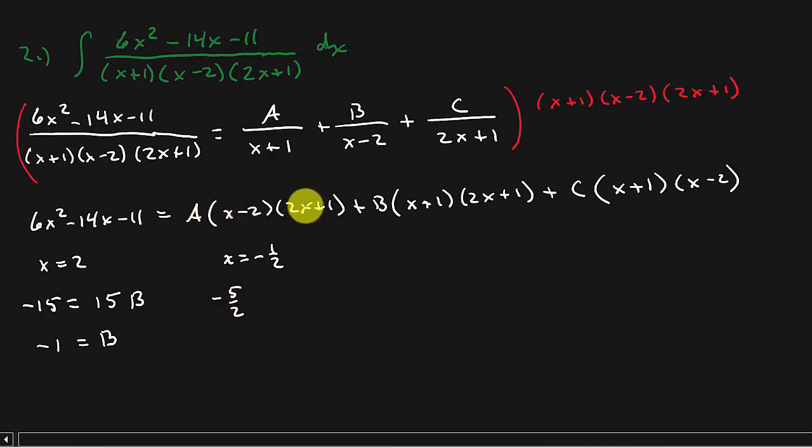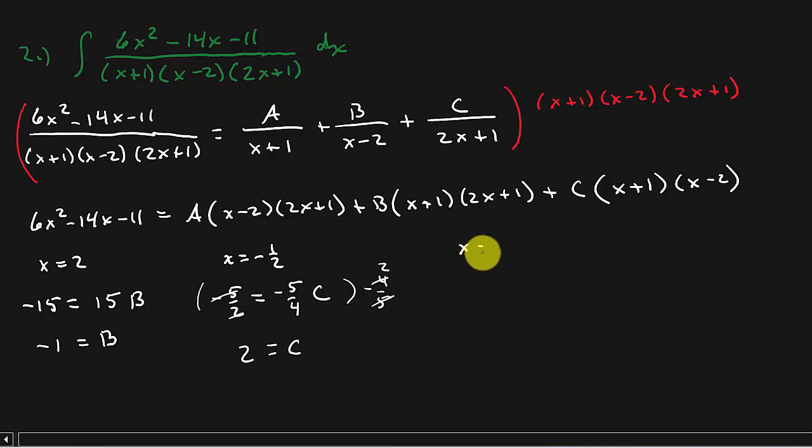This term and this term, the a's and the b's, they go away. And then when I plug the 1/2 into here and here, I get equals negative 5/4 times c. And so then I multiply everything by negative 4/5, and you can see the 5's cancel, and then the 2 and the 4 cancel, and the negative is positive, so I get c equals 2.